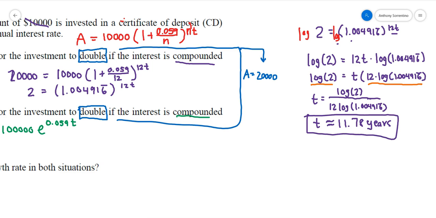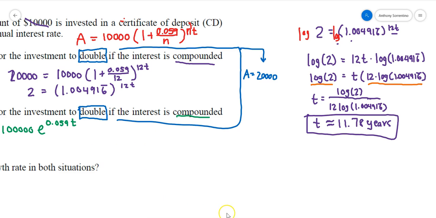Now, compounded continuously. Compounded monthly, if you remember when we were talking about that, once I'm up to this point here, there's not much of a difference between monthly to daily, to hourly, and things like that. So I'm not expecting a huge difference between having it compounded monthly versus compounded continuously.